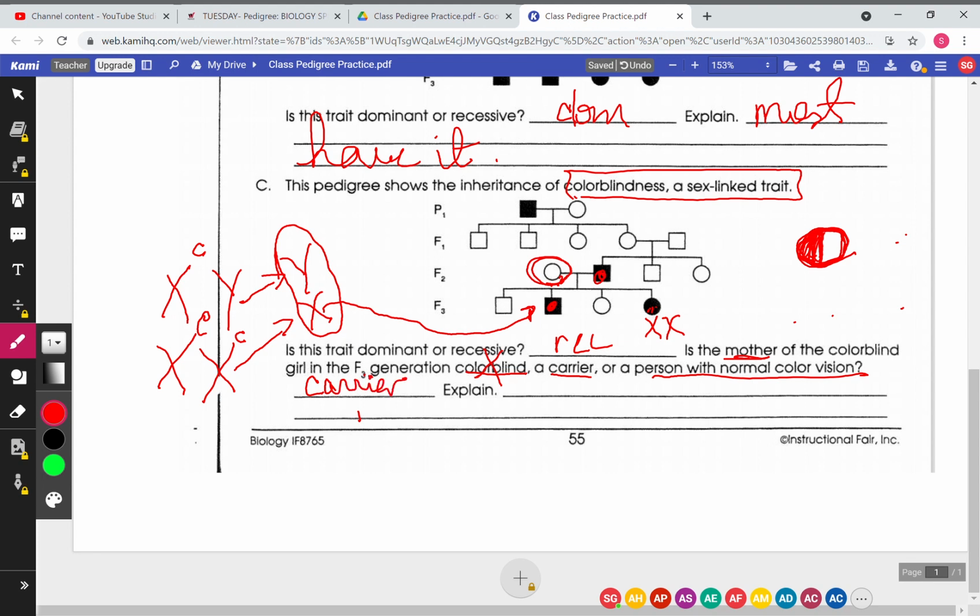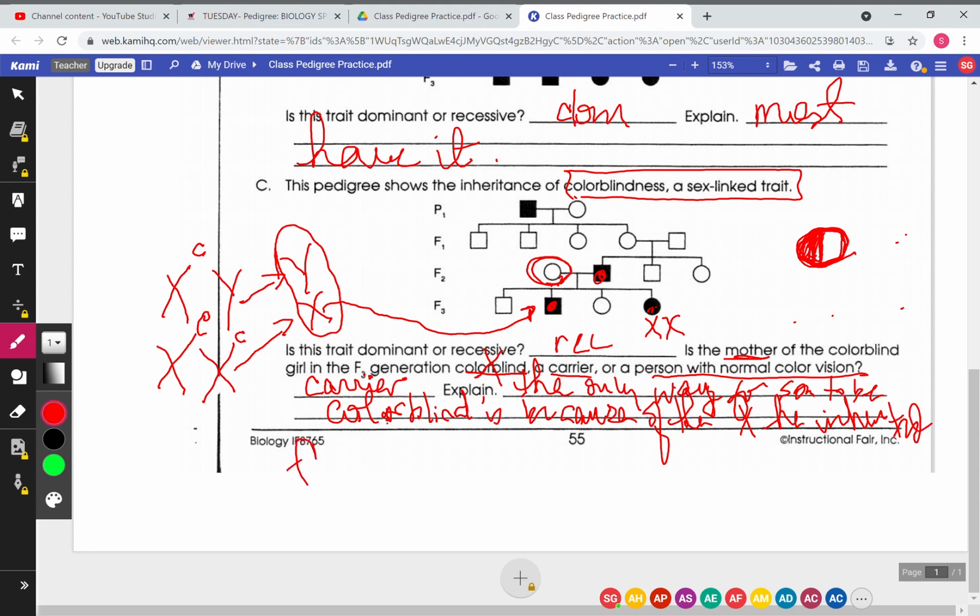We know that because the only way for the son to be colorblind is because of the X he inherited from mom.